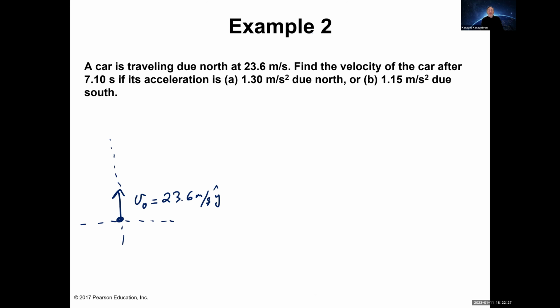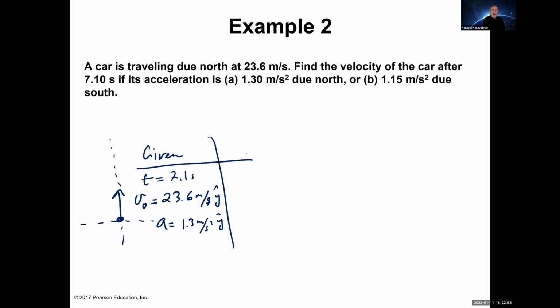Now, here is what's given to us. We also know it's going to travel for 7.1 seconds. And for part A, we take the acceleration to be 1.3 meters per second squared due north, so also y hat.